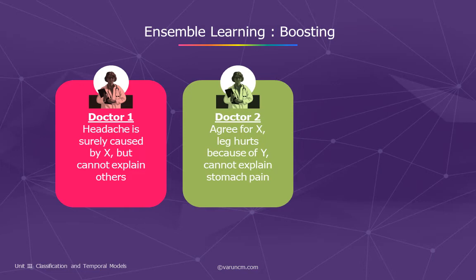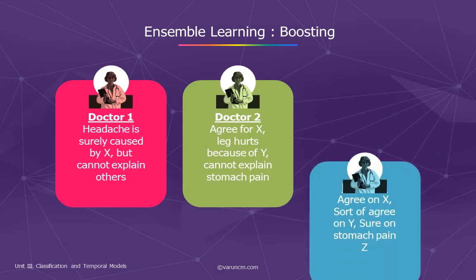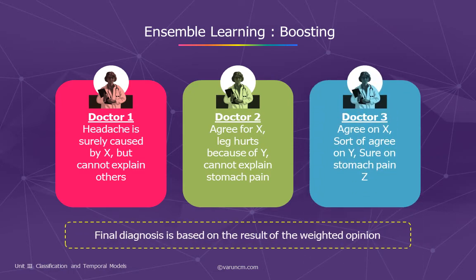He also finds that Y is causing the leg pain, but he is not sure about the stomach pain. So he goes to the next doctor's opinion. That doctor agrees on X and Y, and identifies that Z is the reason for the stomach pain.